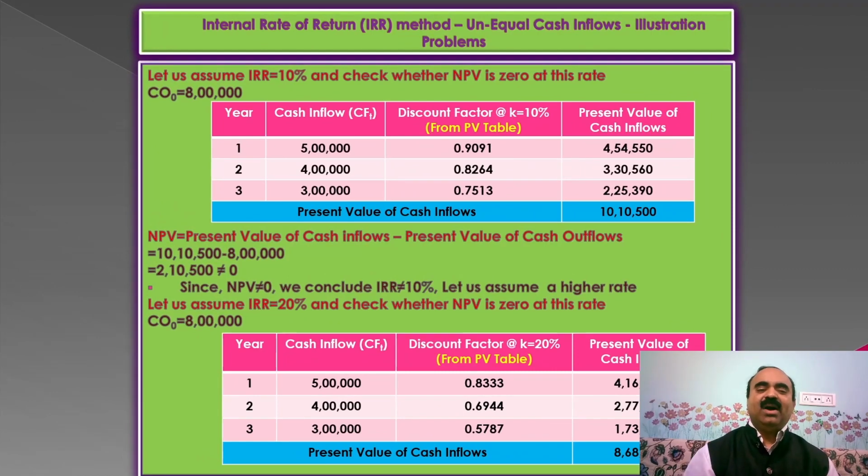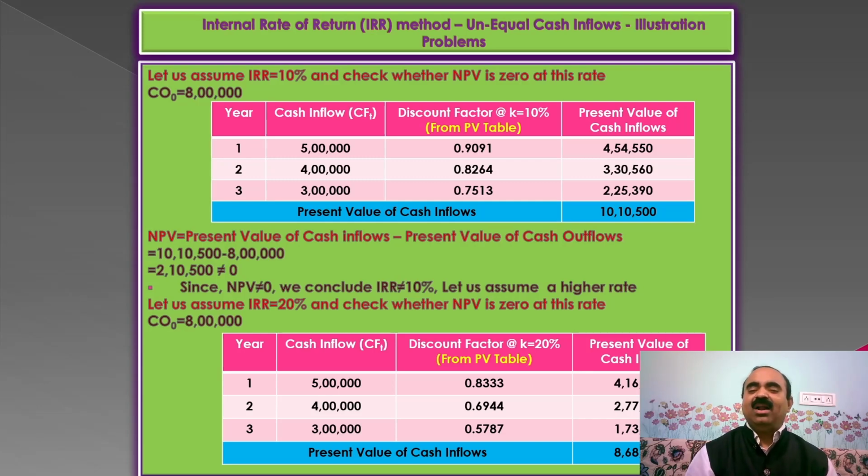Let us assume IRR is equal to 10% and check whether NPV is 0 at this rate. I had shown CO0 is equal to 8 lakhs on the top of the table and I had used a 4-column table to find the present value of cash inflows at a discount factor value of K is equal to 10%. I had multiplied the values in the second column with the values in the third column and got values in the fourth column under present value of cash inflows.